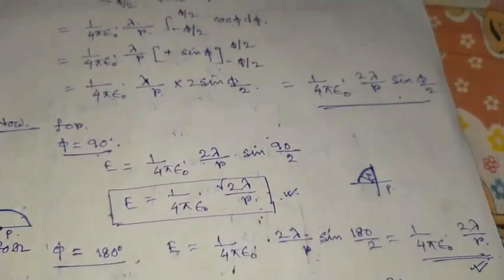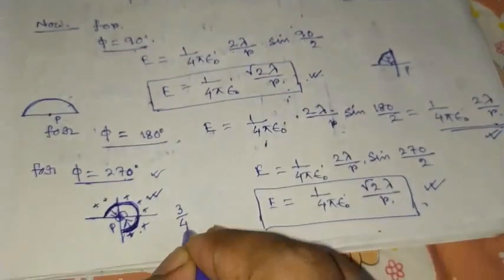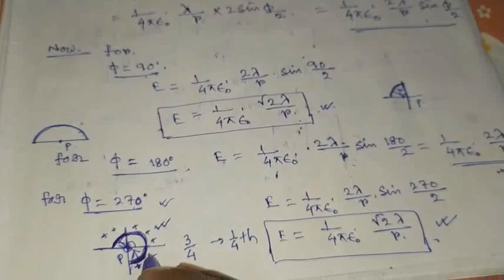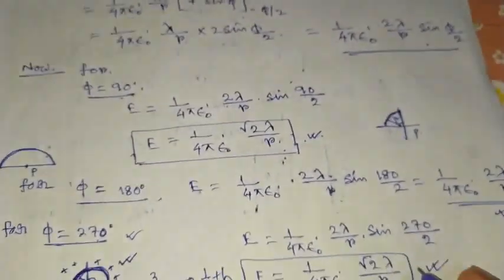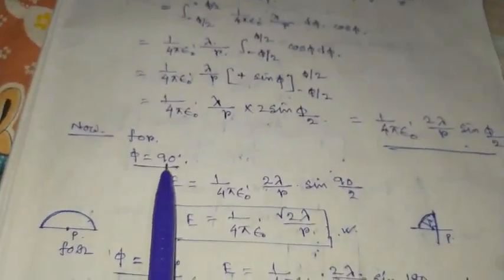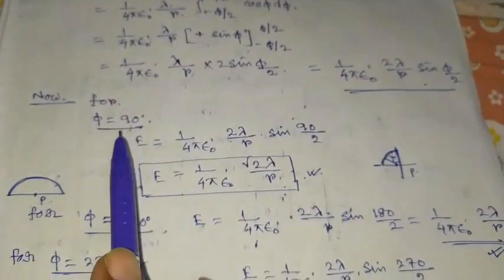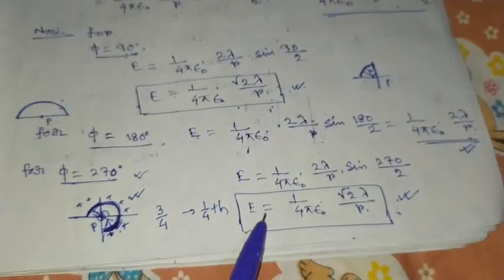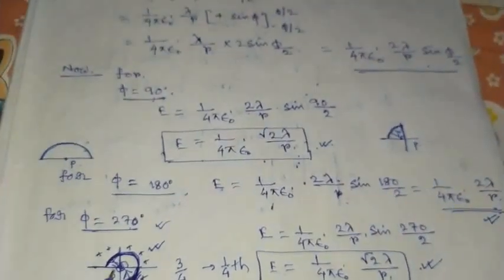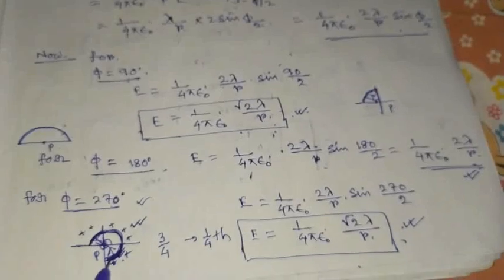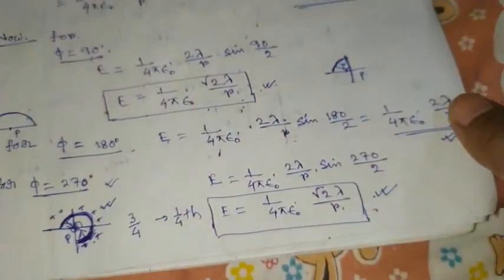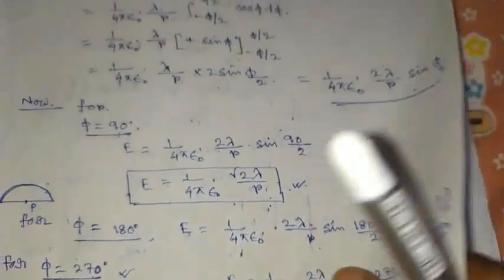Now the 3/4 circle is reduced to 1/4 circle because these two cancel each other. So the value of electric field for phi 90 is equal to the value of electric field for phi equals to 270. Okay, is it okay? So move on to the second question.